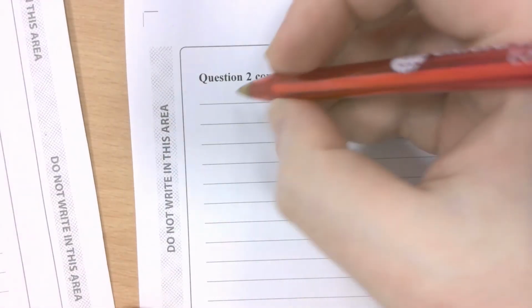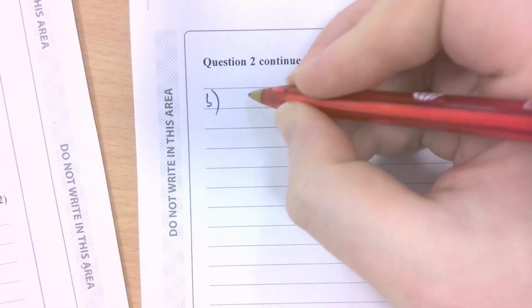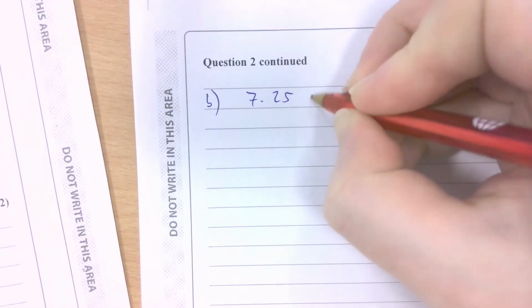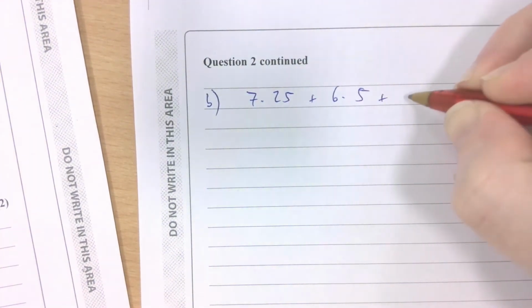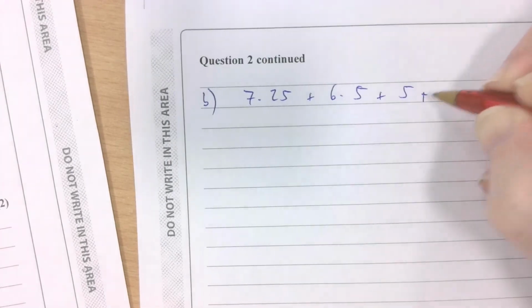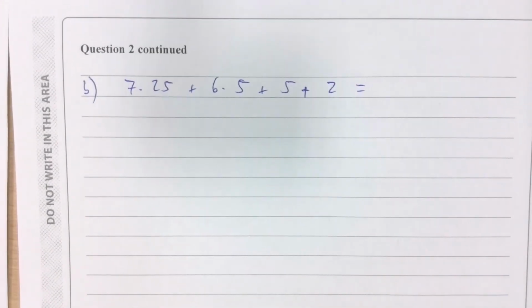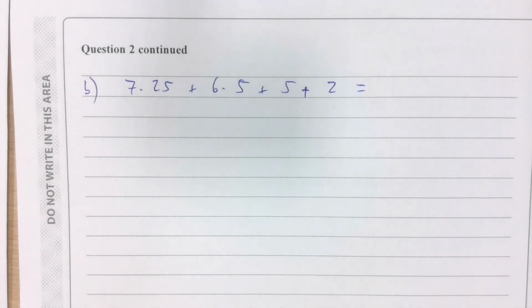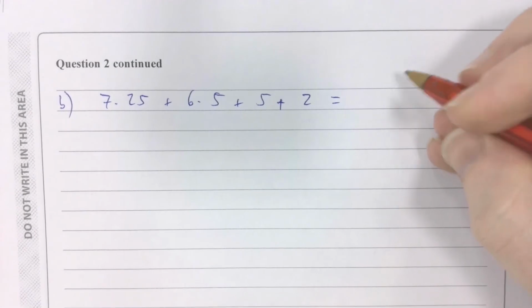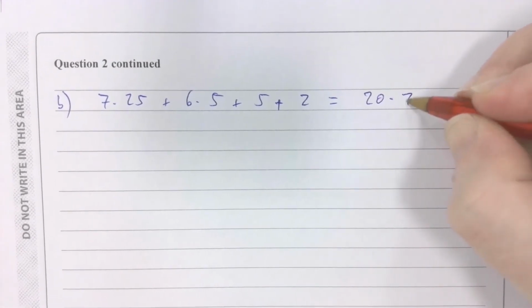All right, I've got another piece of paper here to work on, because there's an awful lot of space given to you to find the eventual answer. You're going to have to bear with me. 7.25 plus 6.5 plus 5 plus 2 is 20.75.